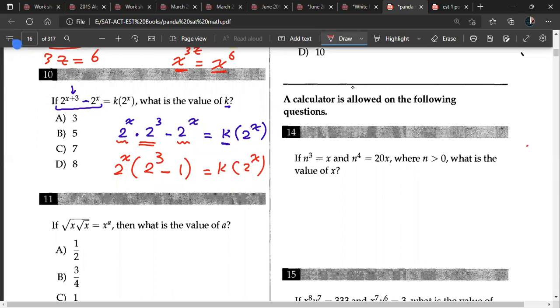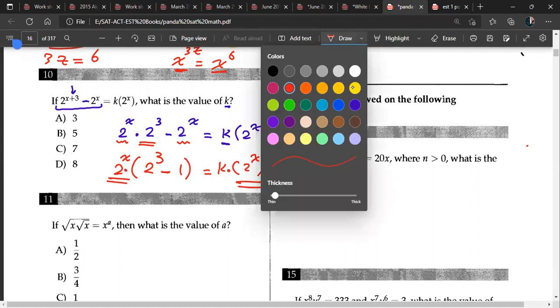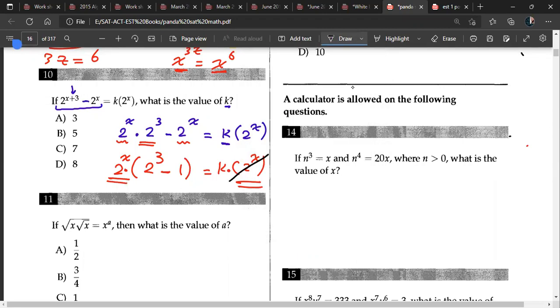Now we have 2 power x on both sides, multiplied, so we can cancel 2 power x with 2 power x. So k equals what now? Equals 2 cubed minus 1. 2 cubed equals 8, minus 1 equals 7. So the answer is 7.